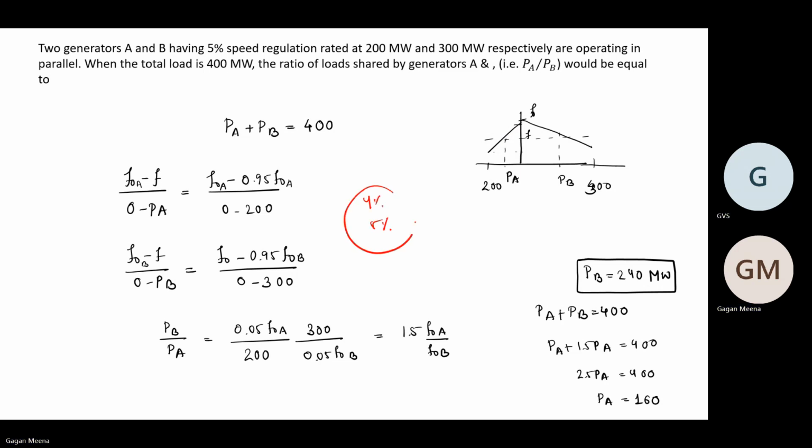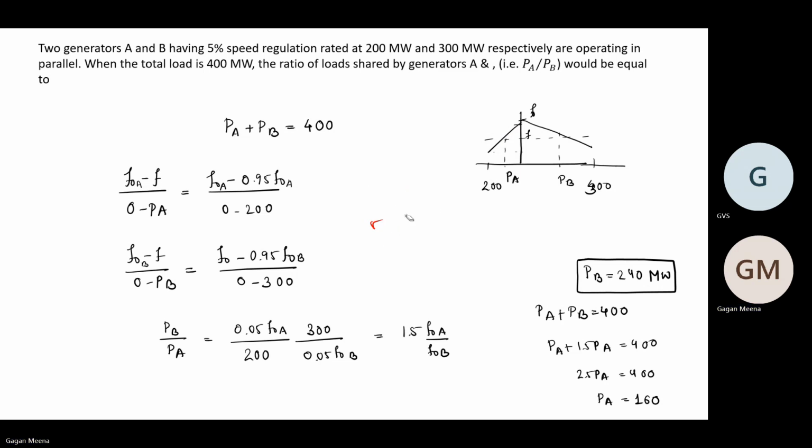Yeah. If we take two different regulations, then it will result in the same thing, above 200 and above 300. If we limit it to 200 and 300, then the question is what is the frequency? Because one generator is operating at 4%, one at 5%, both will give different frequency.